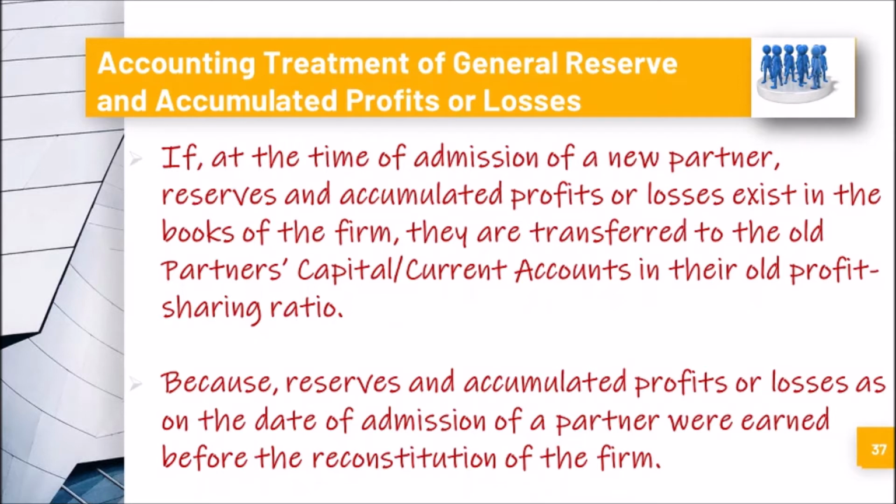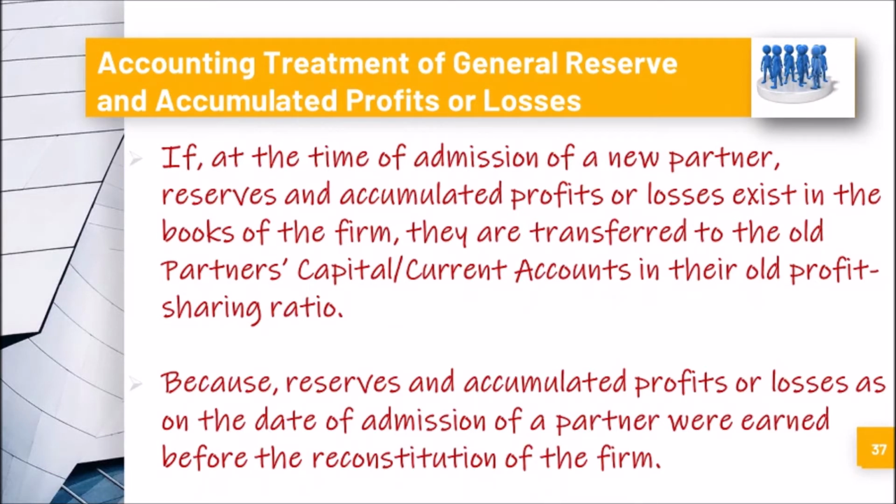Understood? Next, reserves and accumulated profits or losses as on the date of admission of a partner were earned before the reconstitution of the firm. We have already learned that if any partner comes into a firm, the firm is reconstituted at that point in time. All reserves and accumulated profits and losses in the books belong to the old partners.